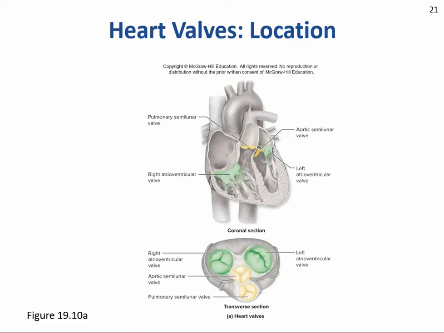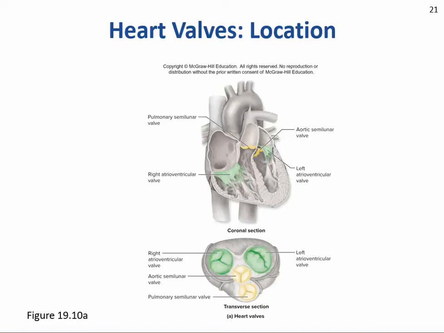And you get, then the semilunar valves open, blood is ejected through the semilunar valves into the great vessels, and then when the ventricles start to relax and the pressure drops, the pressure in the aorta is fairly high, so it closes first.